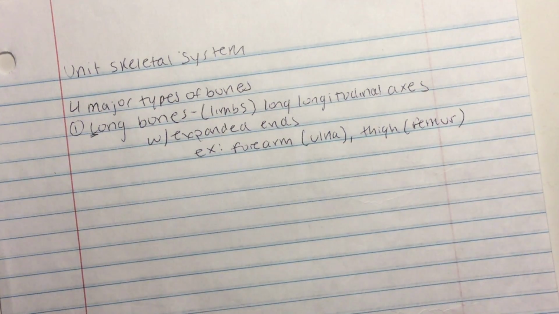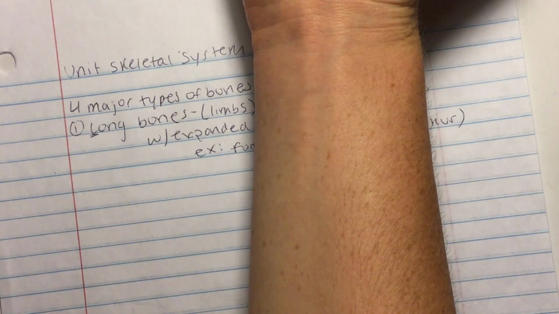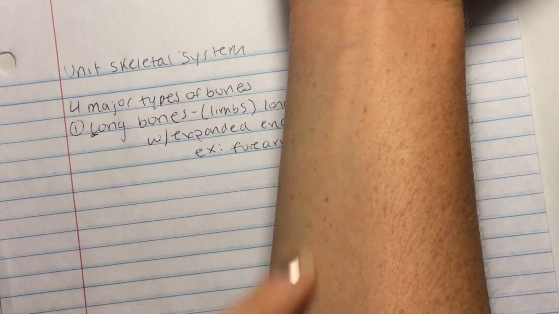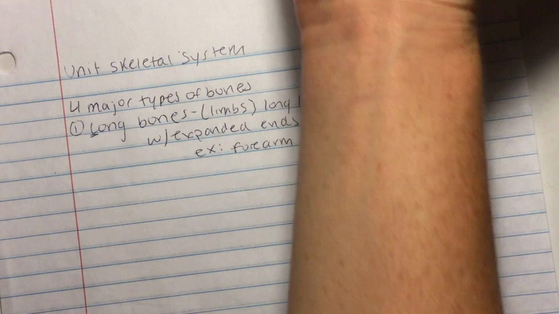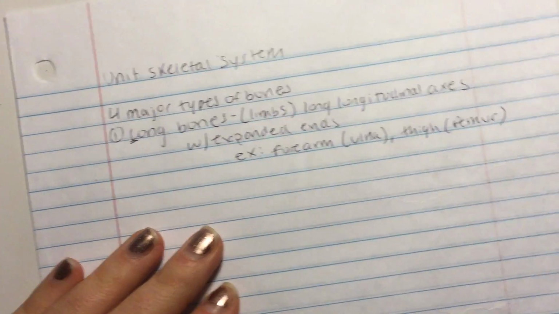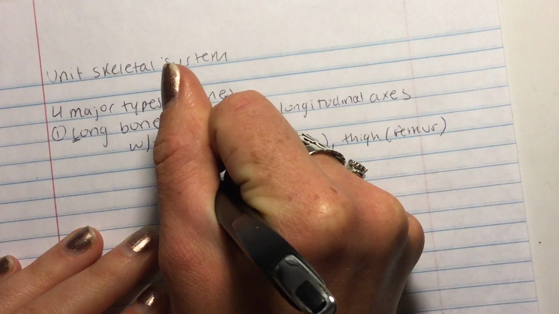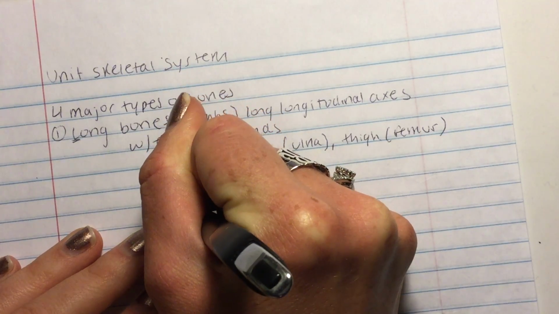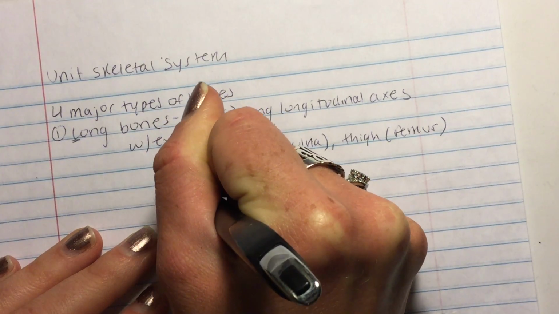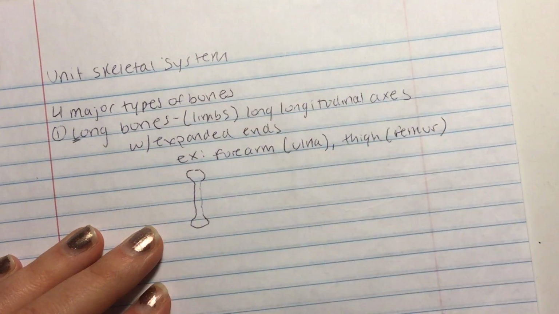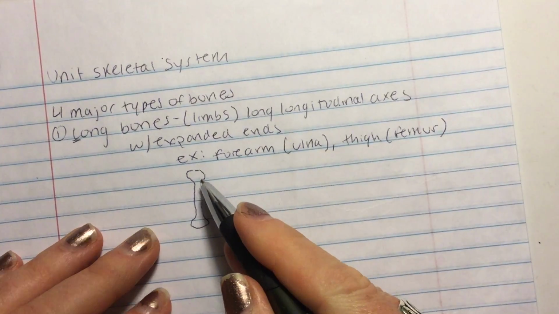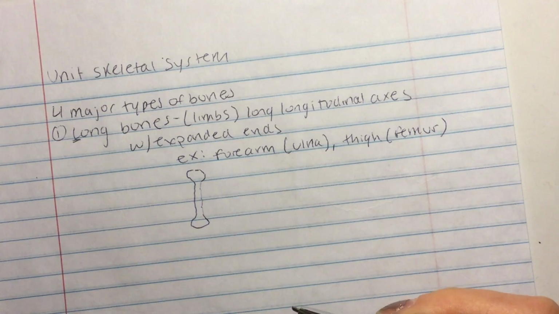So here's my arm, right? And so if I am in anatomical position with my thumb to the side, my ulna is going to be the long bone right through here, all the way extending up to my elbow. So let's draw a picture of a long bone, just a little sketch. Kind of looks like what you picture like a dog bone. Just really long with each end kind of extending outward or expanding at the end.